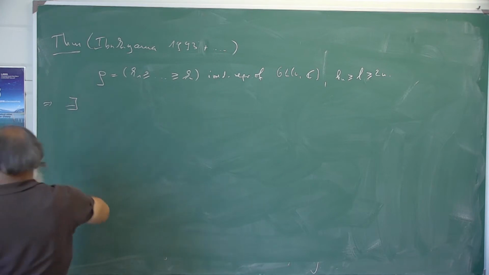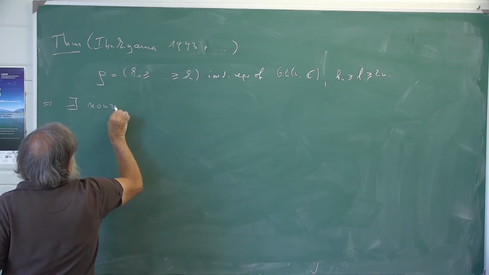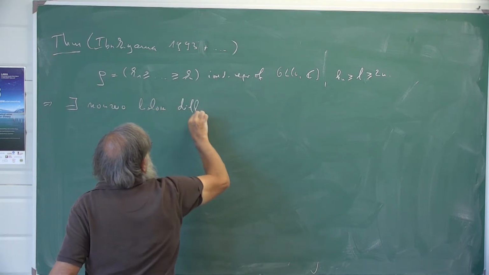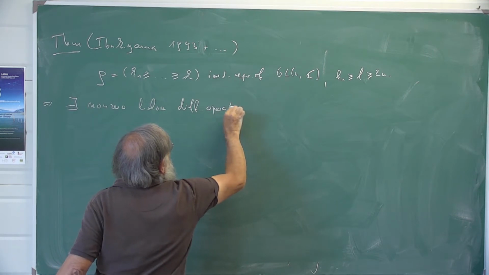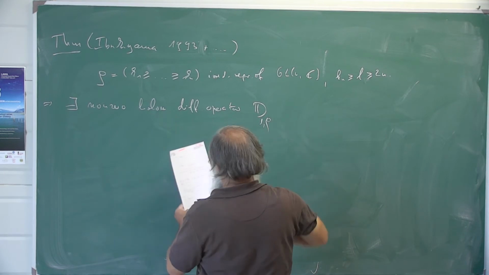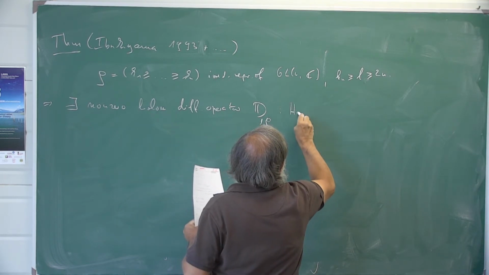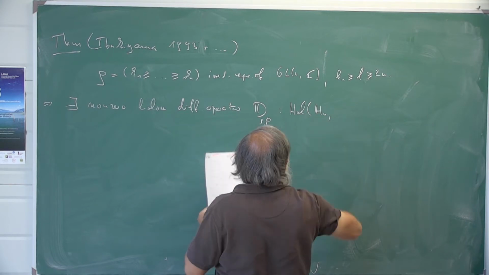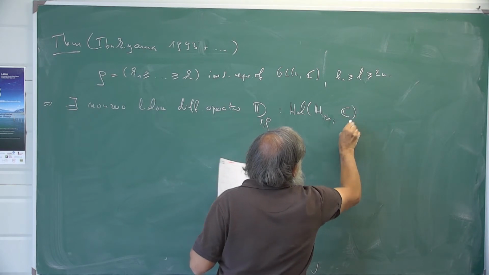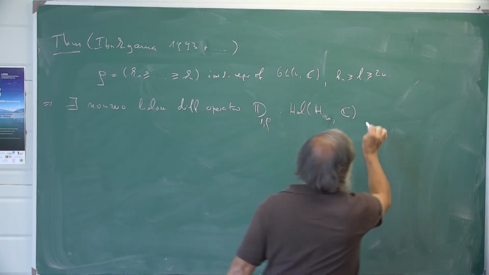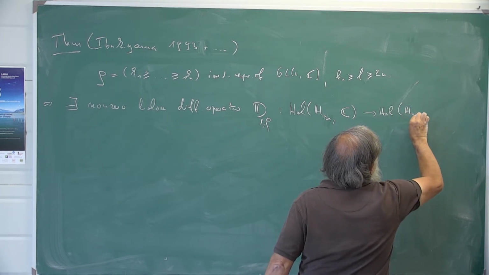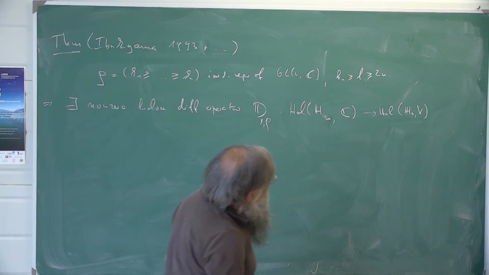Then there exists D_{L,rho}, which maps holomorphic functions on H2n with values in C to holomorphic functions on Hn.